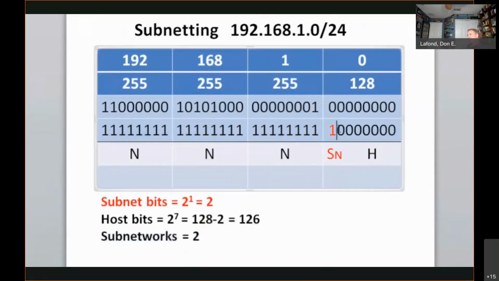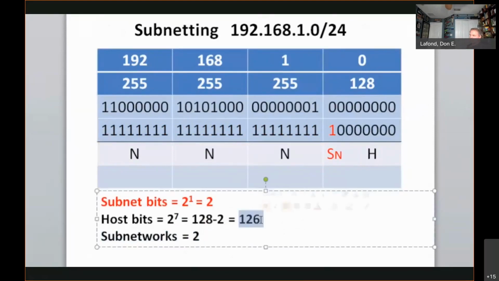Host bits, we have 7 zeros now. So host bits are 2 to the 7th power or 128, minus 2 for the network address and the broadcast address, leaving us with a total number of possible hosts on the subnets of 126. So by borrowing 1 bit from the host portion of the address, we create 2 subnetworks, each subnetwork with 126 hosts.